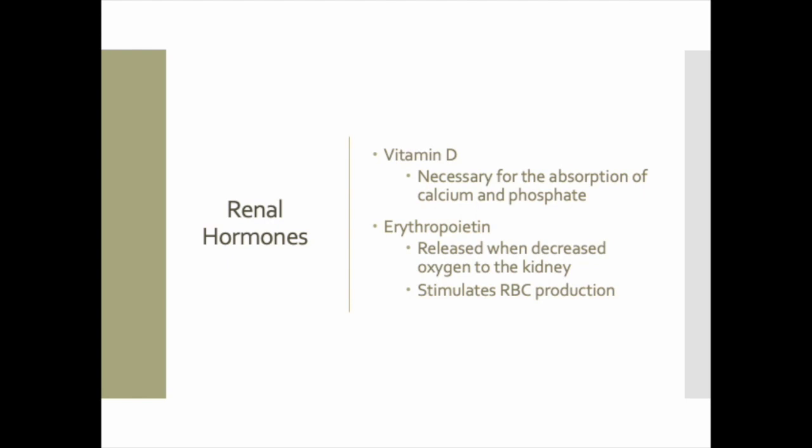If they have a deficiency of the 1,25 dihydroxy vitamin D3 and they start to have symptoms of disrupted calcium and phosphate balance, this would make sense because you're not getting that feedback loop mechanism working to create an equilibrium of those electrolytes. So vitamin D is necessary for the absorption of both calcium and phosphate.